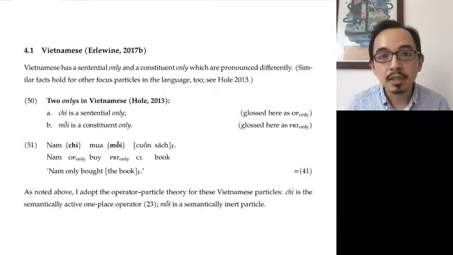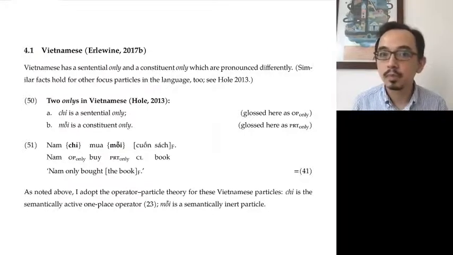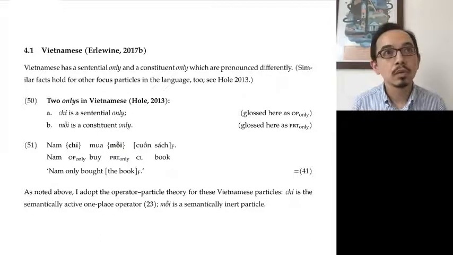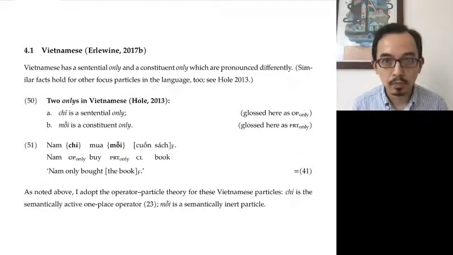Let me ask you a question. Based on the Vietnamese case, you get the idea that English only has two different things. One is sentential only, and the other is constituent only. So your claim seems to be based on the Vietnamese case. Is Vietnamese some crucial evidence for your claim that there are two different onlys in English?